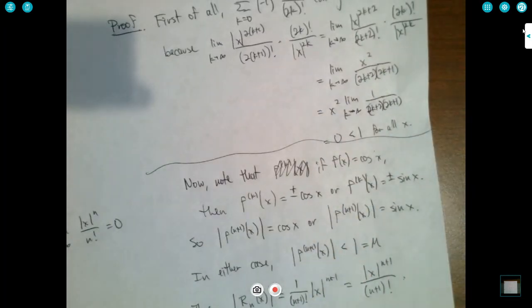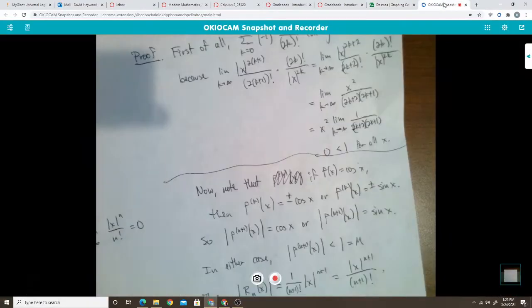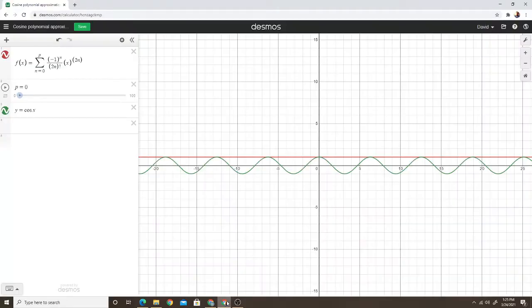But anyway, that's that. Now I wanted to show you this in Desmos. So the green is cosine x, and the red is the Taylor polynomial that is supposed to represent cosine x.